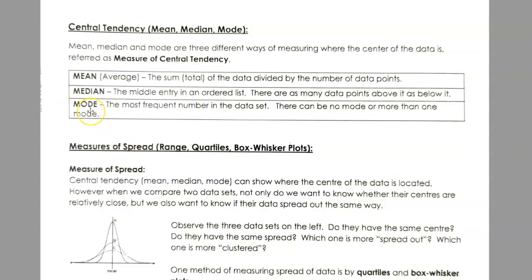Your mode is a little bit different. The median and mean are kind of similar, but the mode is the most frequent number in the data set. In other words, if you were getting different scores on your tests, but you seem to be scoring 75%, 75%, 75% on a lot of them, and you make an educated guess that you're getting 75% in the course, that would be a pretty good way to determine how you'll be doing, or at least that's where most of your data seems to be.